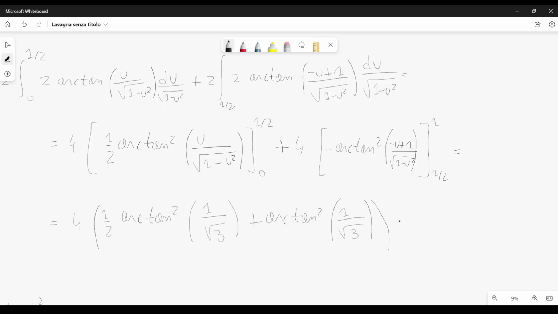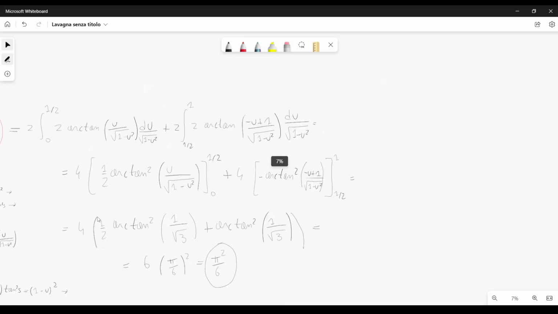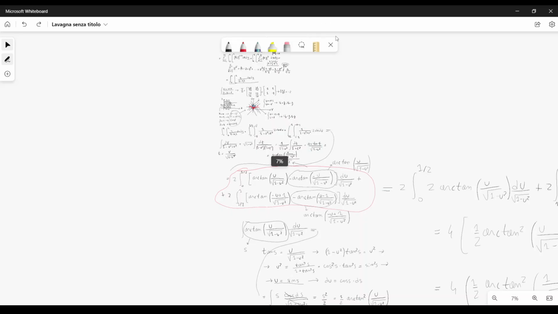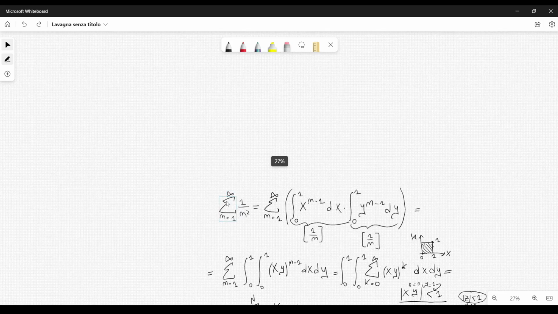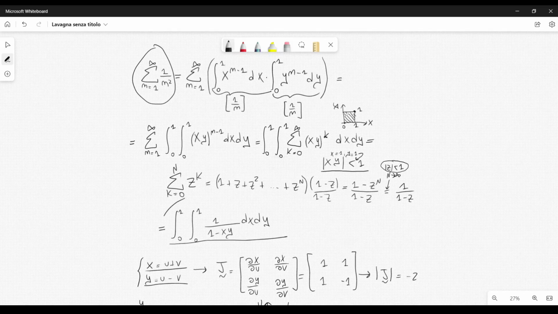If you evaluate these terms, you get 6 times pi over 6 squared, which gives you pi squared over 6. And this is the result of the famous series that we had in the very beginning. This series here, and therefore this is also the result for this integral here.